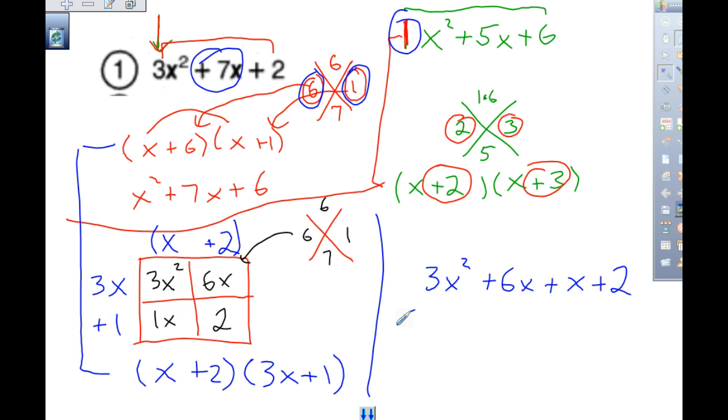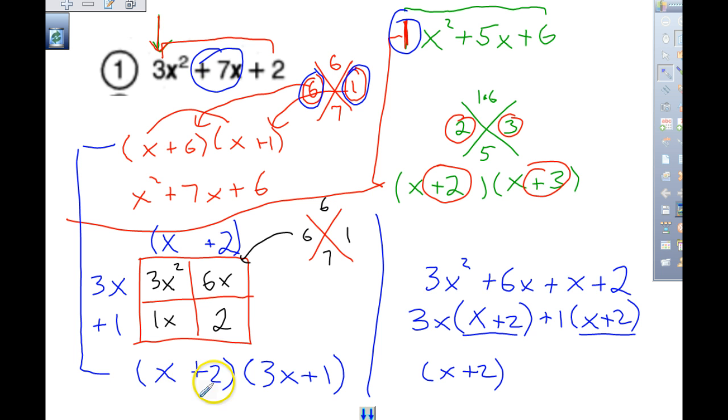So no matter what method you pick, the first two have a factor of 3x. And we end up with x plus 2. These second ones have a factor of 1, and end up with x plus 2. So there's your two x plus 2s. Everything is here. And left over is 3x plus 1. So you can see, doing the box, not doing the box, not a lot of difference as far as how much is written. More or less the same.